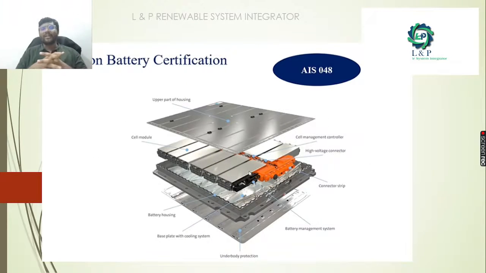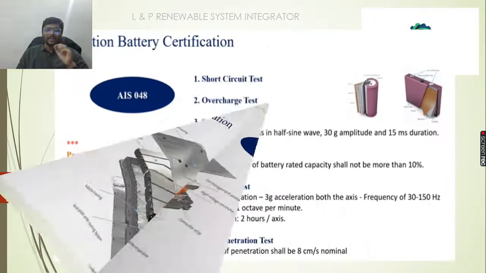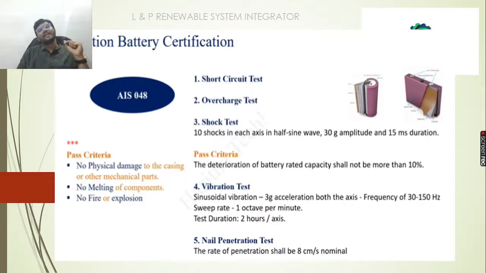Even for the batteries, traction batteries, we need to get the AIS048 standard certification. According to the standard, the batteries will undergo a short circuit test, overcharge test, and even a shock test. They will provide 10 shocks, which is a half sine wave with 30 g amplitude for 15 milliseconds duration.